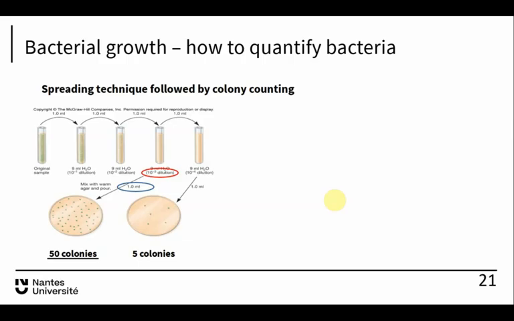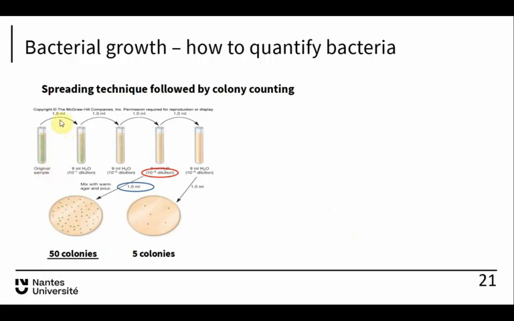And perhaps not the simplest, but the most direct way to quantify live bacteria in a suspension is by making a serial dilution of your starting sample.